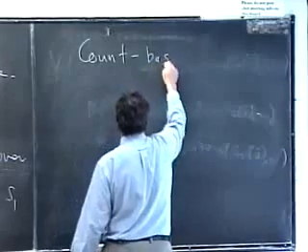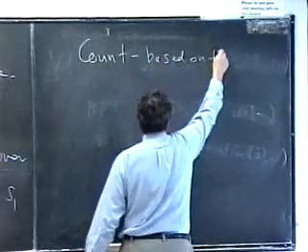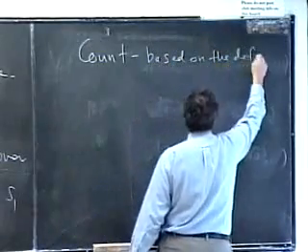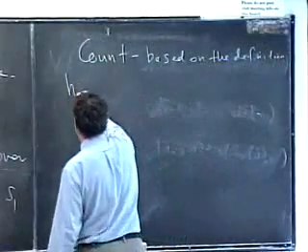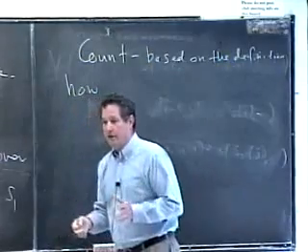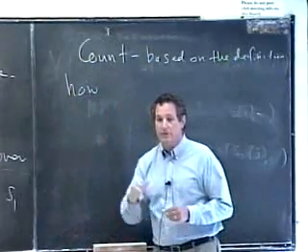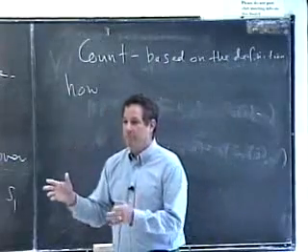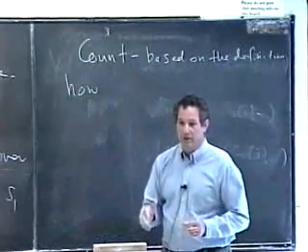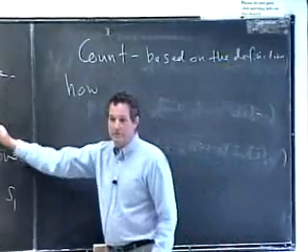Based on the definition, if you were just to write a program based on the definition, or again, this is my thought experiment: somebody comes in and says you have 5 minutes to write a program that does this.